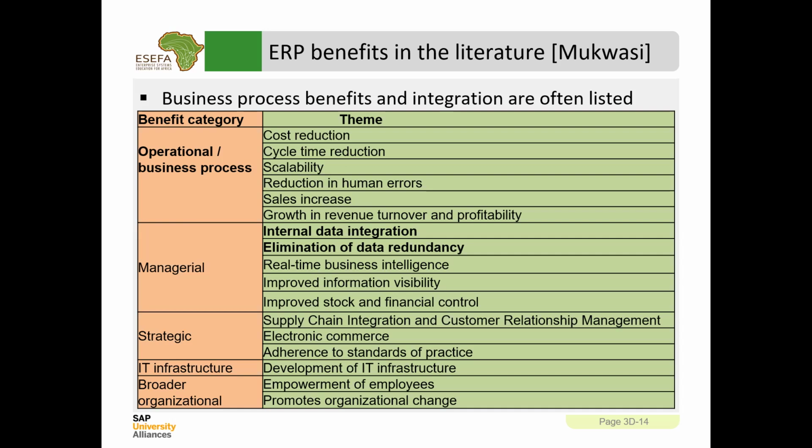Everything is seen on the screen. There's scalability, there's reduction in human error, there's potential sales increase. So productive time will be converted into useful time. So there is growth in revenue turnover and profitability over time.